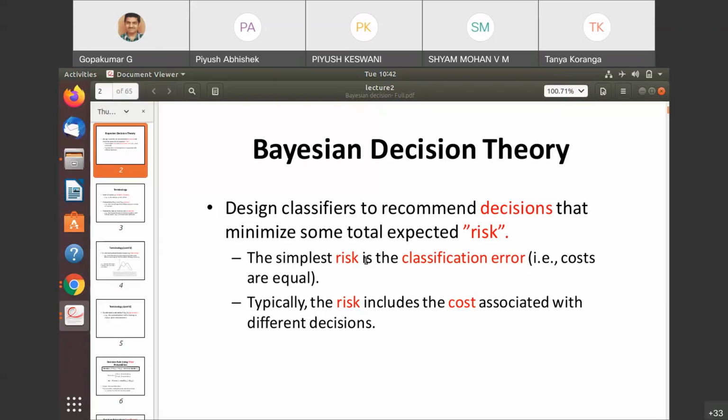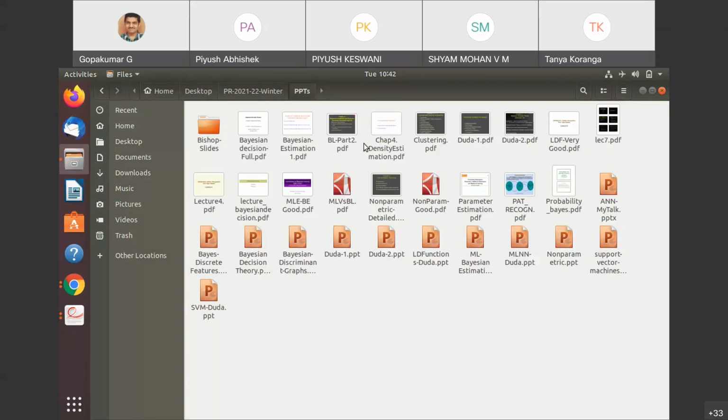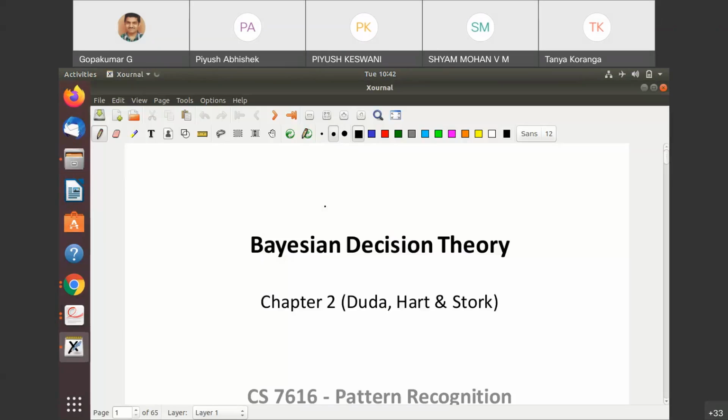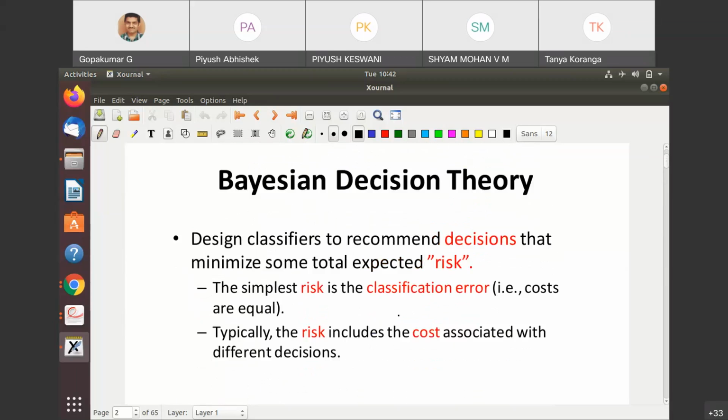I have already mentioned that there can be a situation of classifying salmon as sea bass, and similarly classifying sea bass as salmon.